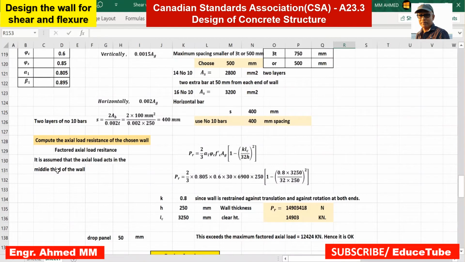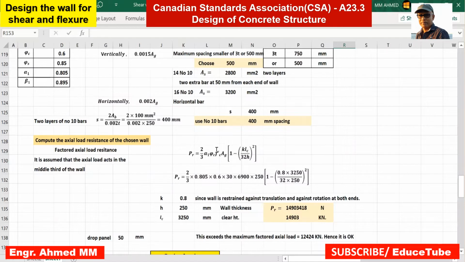And also we must assume that axial load factor in the middle third of the wall. That should be assumed.